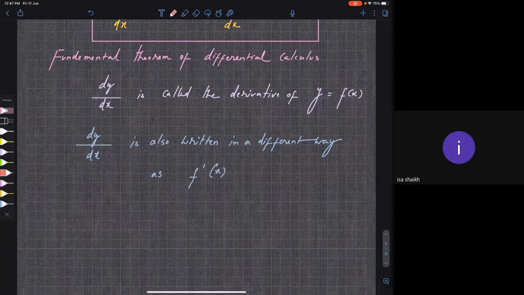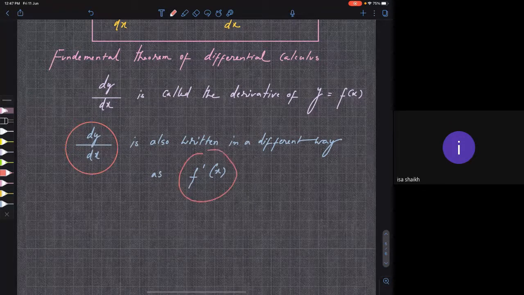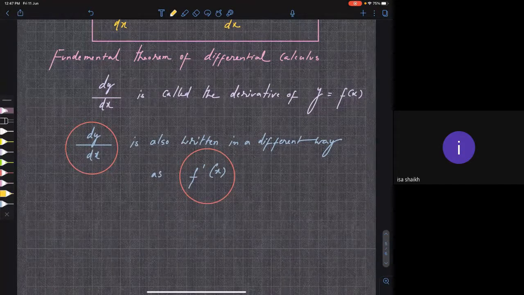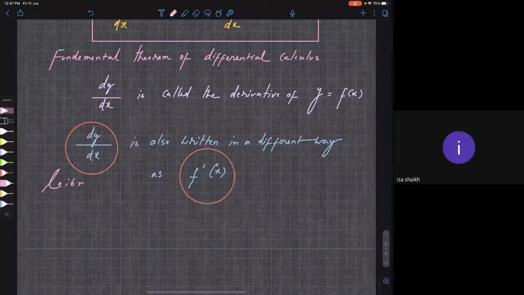Now let me just tell you that for this notation, there is actually a big story. This notation and this notation were given by different people. This notation was given by a very famous German mathematician called Leibniz, and this was given by Newton.